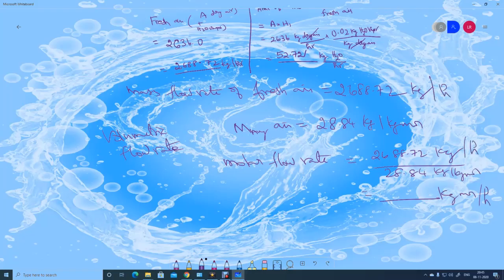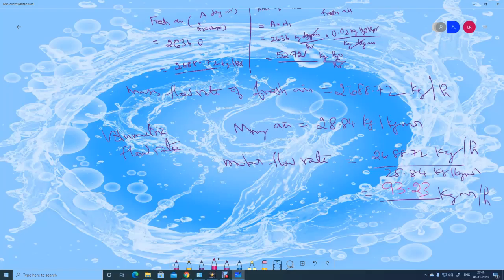Please use the calculator. 2688.72 divided by 28.84 is equal to 93.23. So we get 93.23 kg moles per hour. Okay, so this is the molar flow rate.